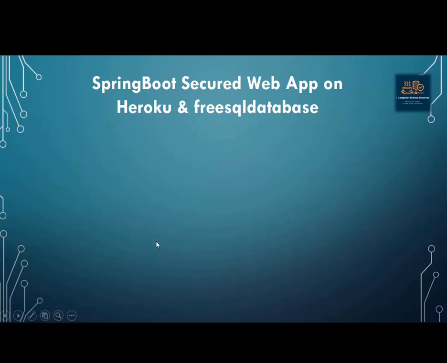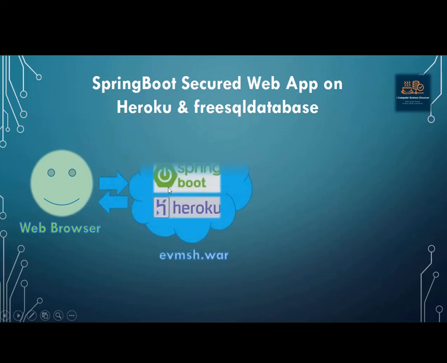Basically, after we are done deploying our web application to all those cloud platforms that I just mentioned, it's going to look something like this. So if your client has a web browser and is accessing the application, the client will be connecting to the Heroku platform, where you will have your Spring Boot secure application, which happens to be deployed as a WAR file.